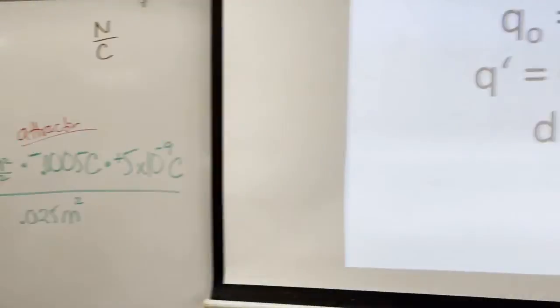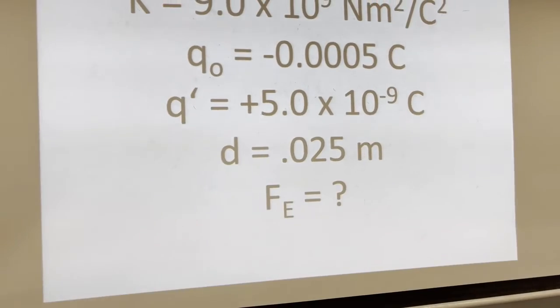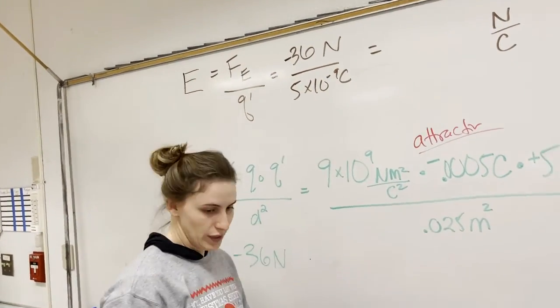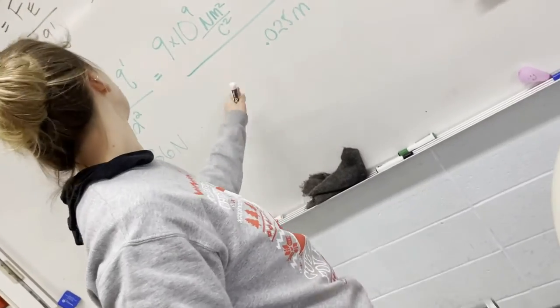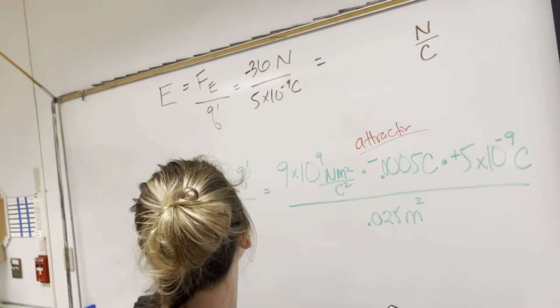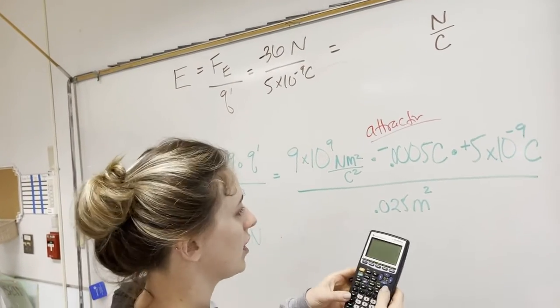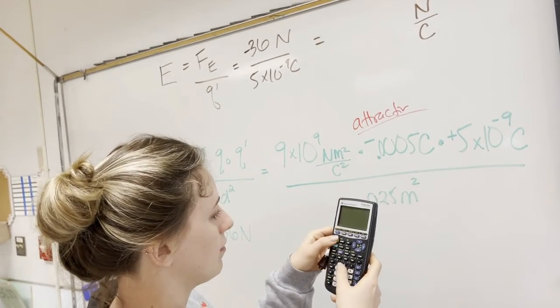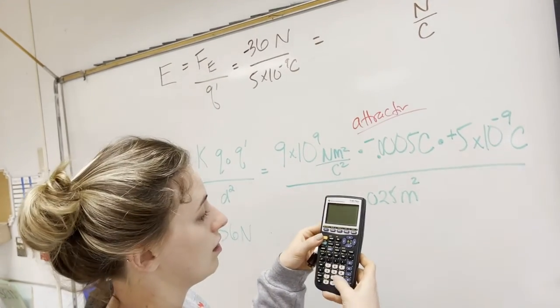And the test charge is 5 times 10 to the negative 9 coulombs. So once we have that force, if we know the test charge, we can figure out the electric field. Negative 36 divided by 5 times 10 to the negative 9th.